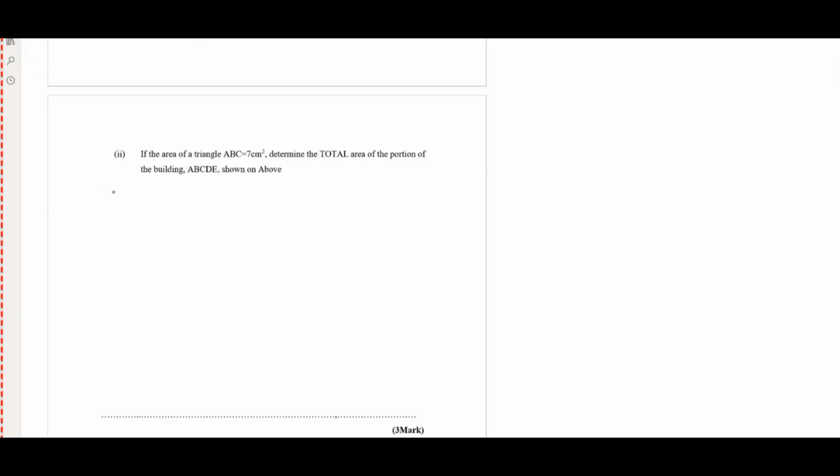The area of ABC multiplied by the scale factor squared is equal to the area of CDE.